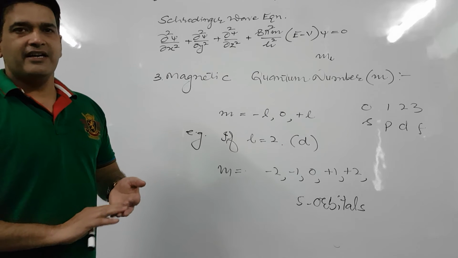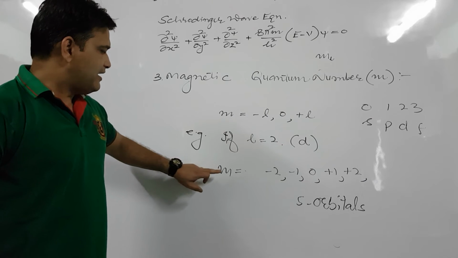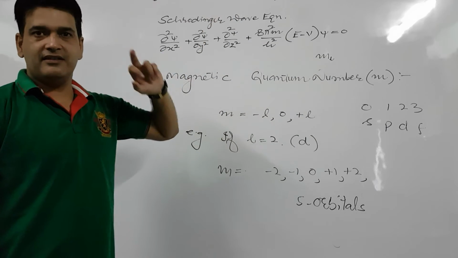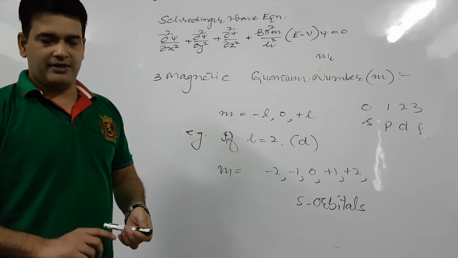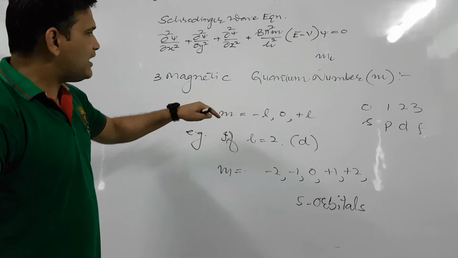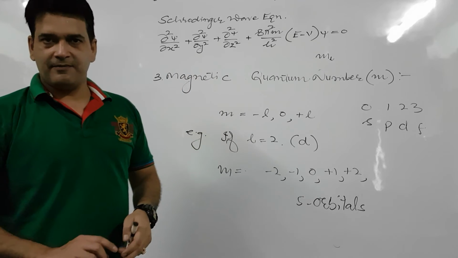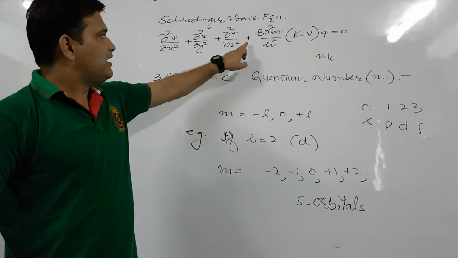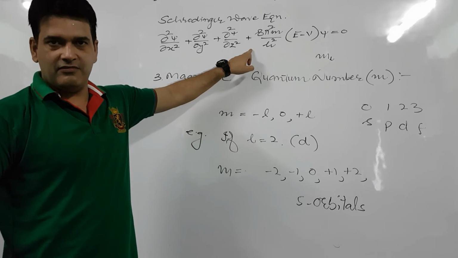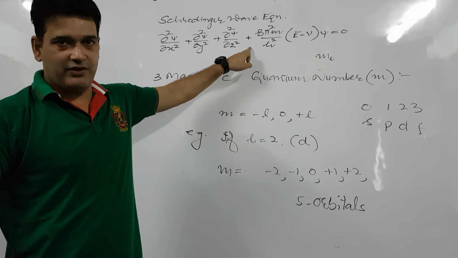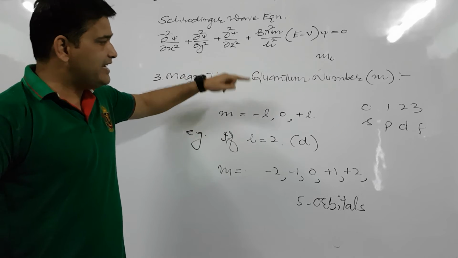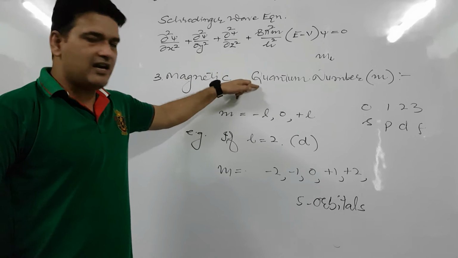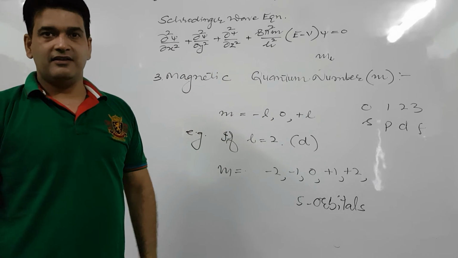So it is very clear that M depends upon L and L depends upon n, the principal quantum number. So these were the 3 quantum numbers found in the solutions of the Schrödinger wave equation, and they tell us about the shell, subshell and orbital.